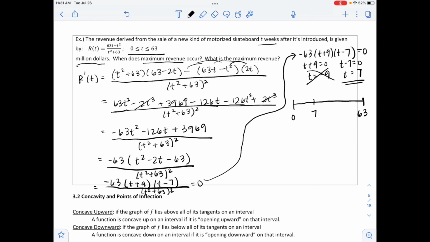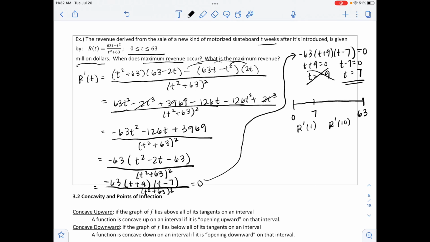And so we need to find a value in each of these intervals to see if it's increasing or decreasing, or positive or negative. Substituting a value between 0 and 7 into the derivative of our revenue function, I'm going to select 1 since that's an easy value to sub in. And then something larger than 7, I'll go ahead and substitute in 10. Again, anything between 7 and 63 you're able to use.